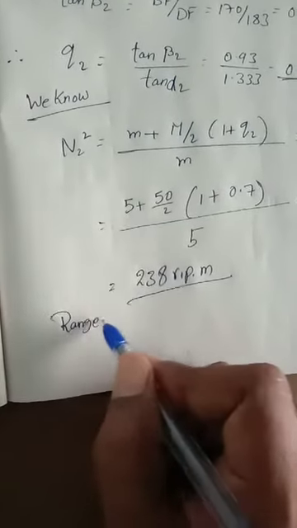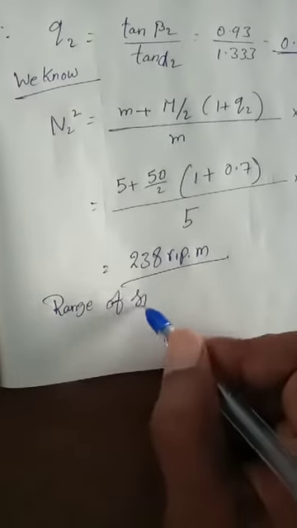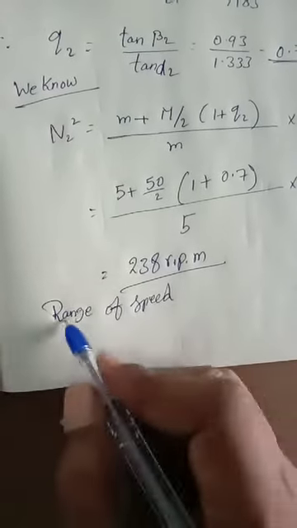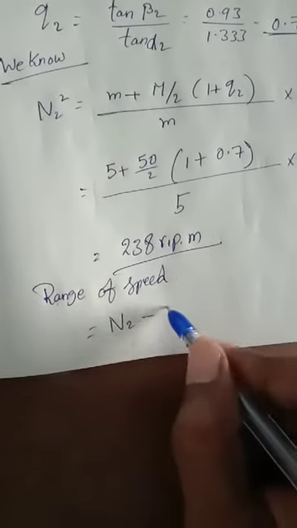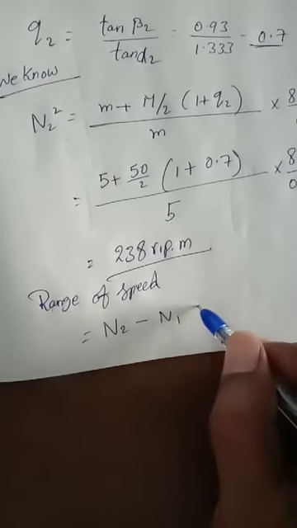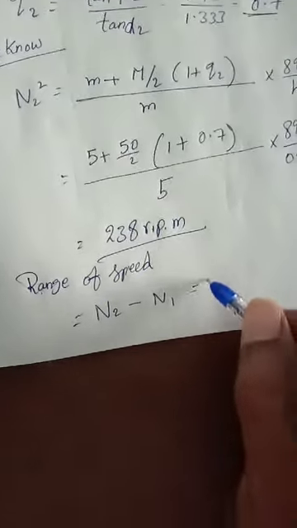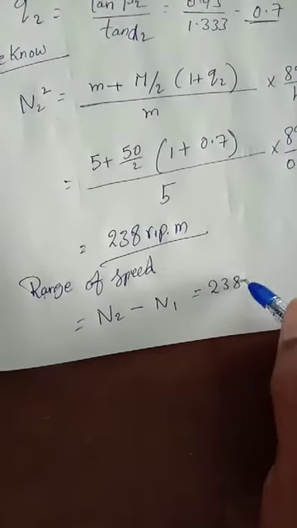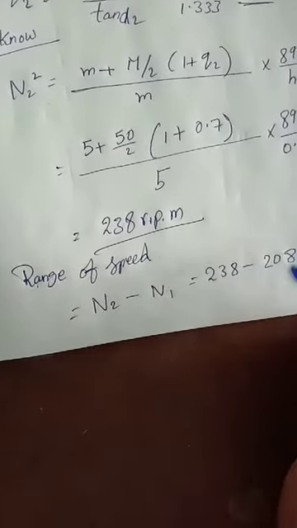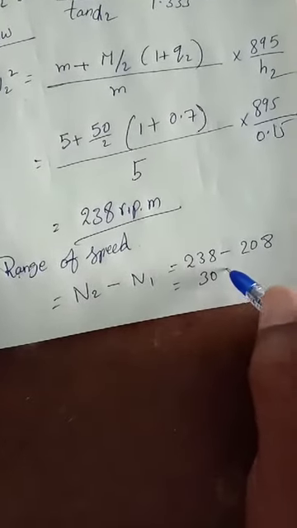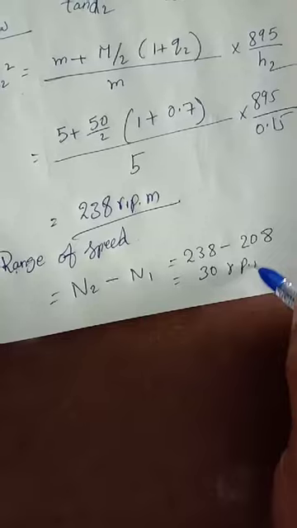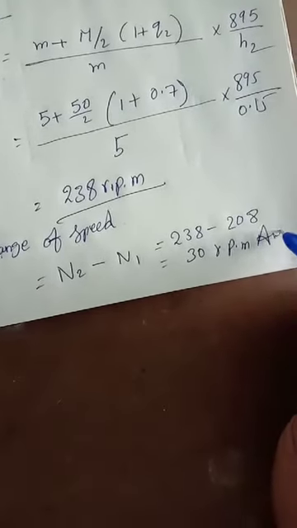Now range of speed. We are going to see the range of speed. So range of speed, N2 minus N1, is equal to 238 minus 208. So that comes around 30 rpm as the range of speed.